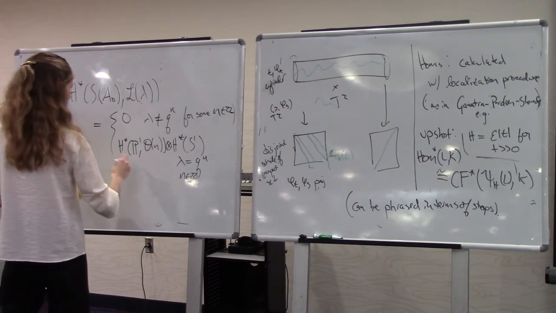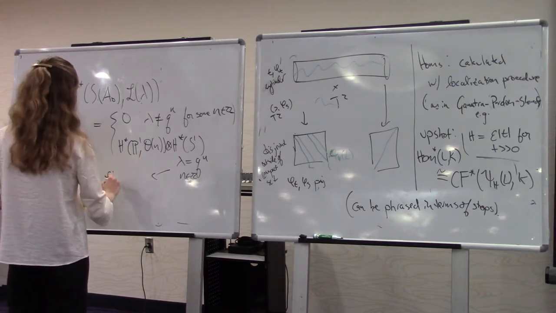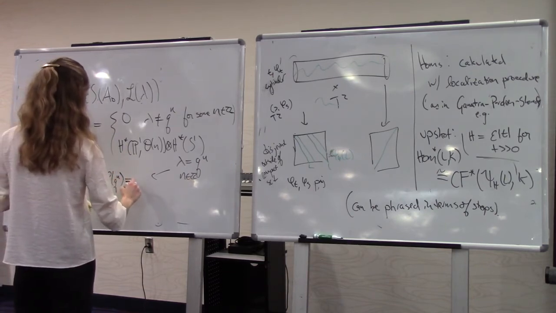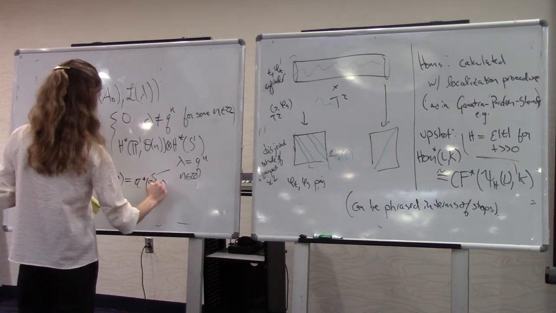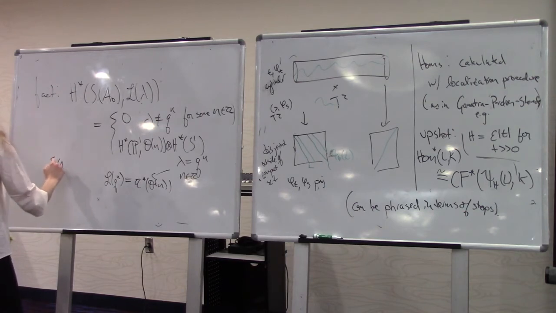And in this case, actually, L of q to the n is equal to the pullback of O of n from the elliptic fibration, so pi, where you have S of A naught mapping to P1.